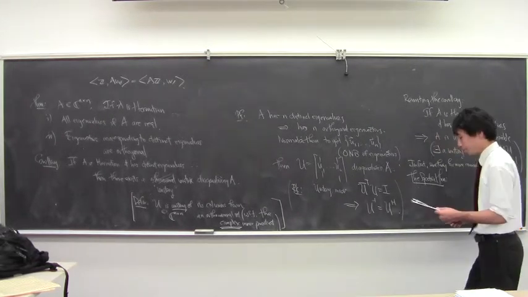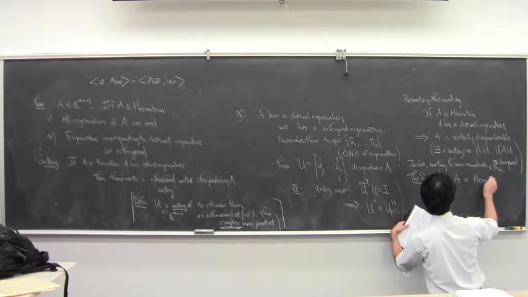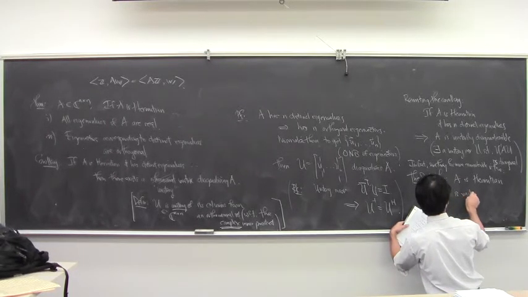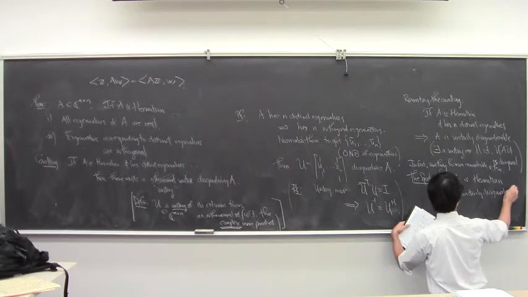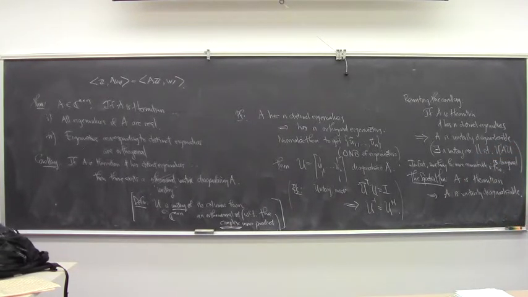The Spectral Theorem for Hermitian Matrices: if A is Hermitian, then A is unitarily diagonalizable. Okay, so even if A doesn't have n distinct eigenvalues, something nice still happens. You're still able to diagonalize it.